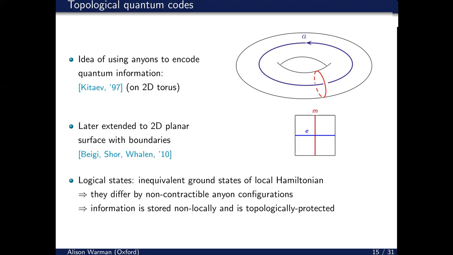And the reason it's useful to encode information in these global degrees of freedom, which are topological, is that they are inherently robust against local noise or errors. Indeed, if this is topological, it means we can deform it without altering the information stored here. This means that it's a promising candidate for fault-tolerant quantum computing.